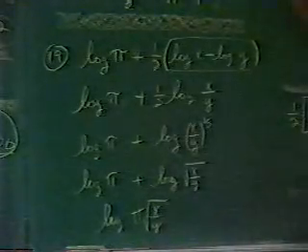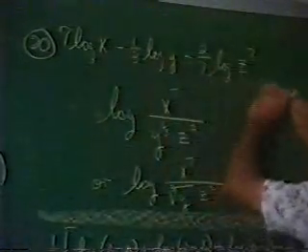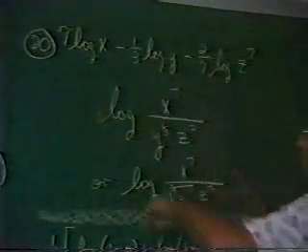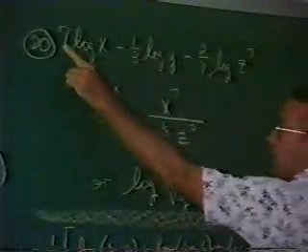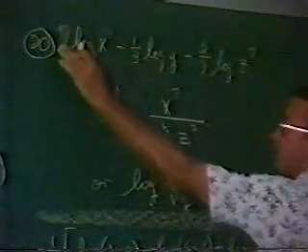All right, let's go to the next example, number 20. Number 20 says 7 log of x minus 1/3 log of y minus 2/7 log of z to 7. We have all that where we can simplify it. If everything along here is a log, then I can simplify that by this method. First of all, I can take this 7 and move it up in here as a power.